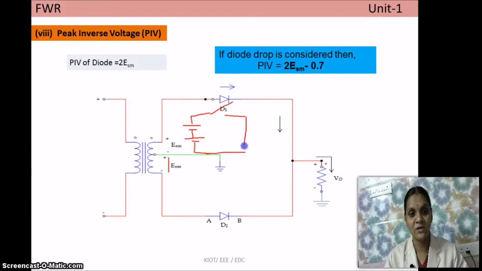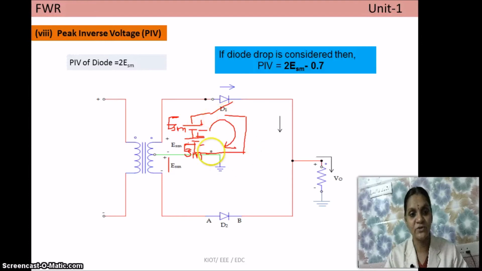And now consider the circuit like this. The current will be flowing in this direction, and what is this voltage? This voltage is ESM, and this voltage is also ESM. So what about the polarity here? This is minus, this is plus, and this is minus, this is plus.